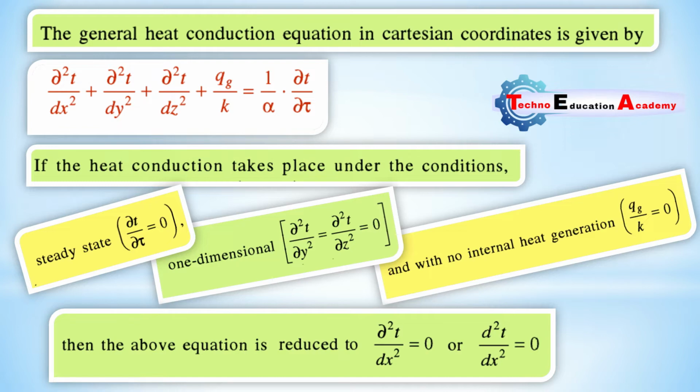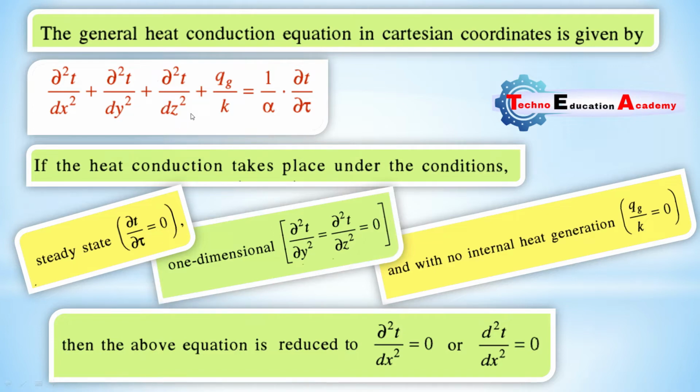So to derive the equation for plane wall and composite wall, here we are considering only one direction x. So del square T by del y square equal to del square T by del z square equal to 0, because here we are considering only heat transfer in x direction. So the first term we are considering, and the second and third terms are 0.